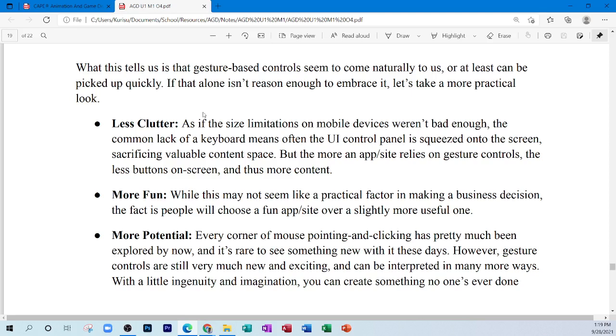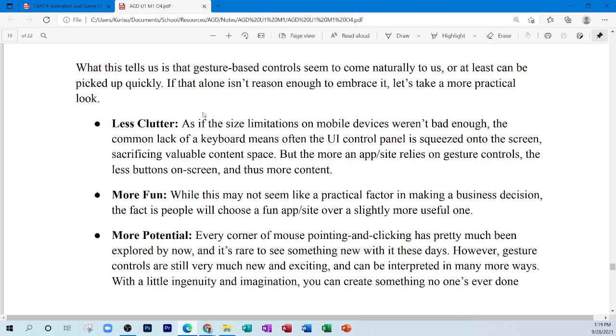The common lack of a keyboard means often the UI control panel is squeezed onto the screen, sacrificing valuable content space. But the more an app or site relies on gesture controls, the fewer buttons on screen and thus more content, more fun. While this may not seem like a practical factor in making a business decision, the fact is people will choose a fun app or site over a slightly more useful one.